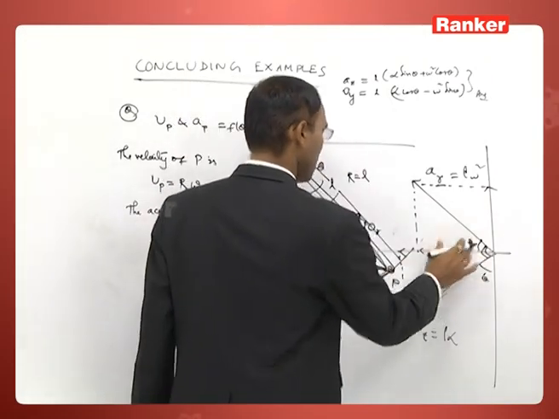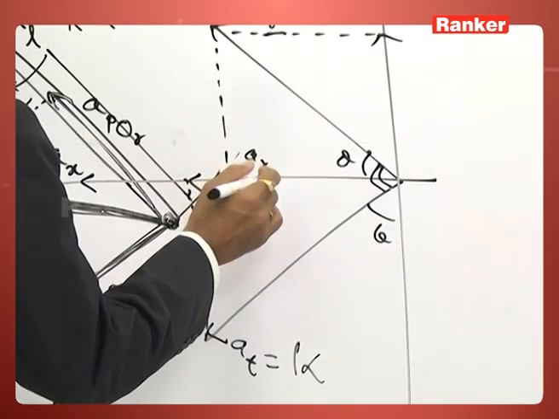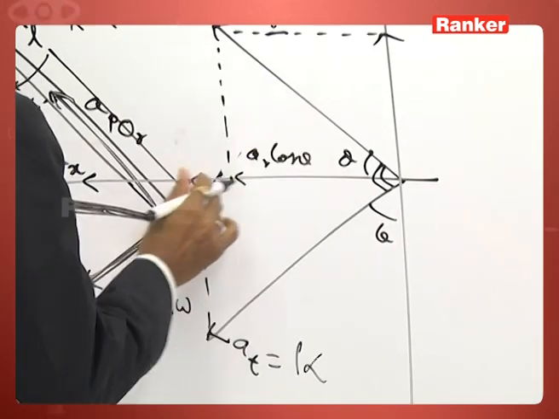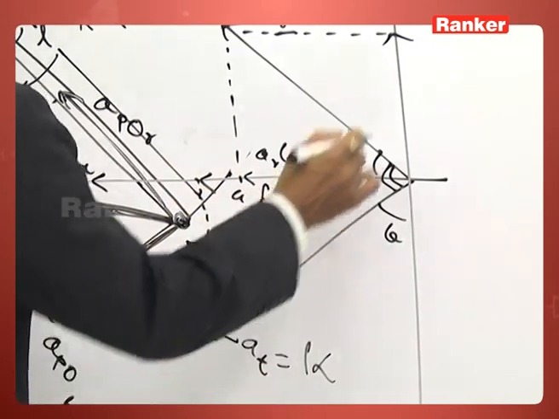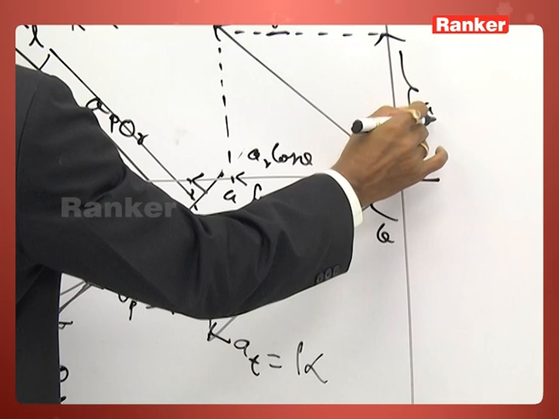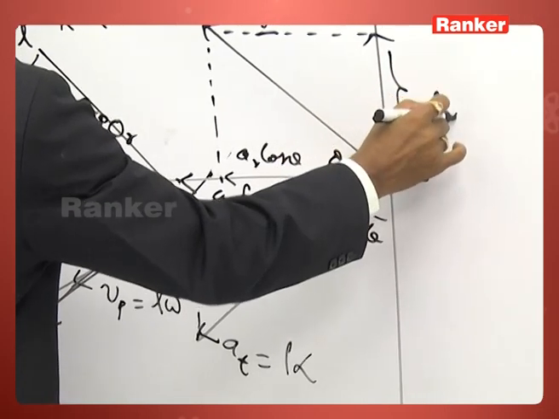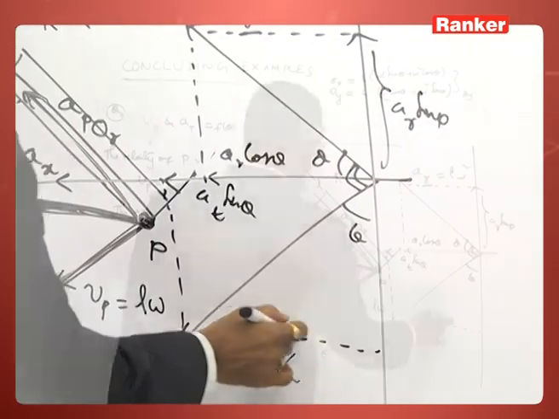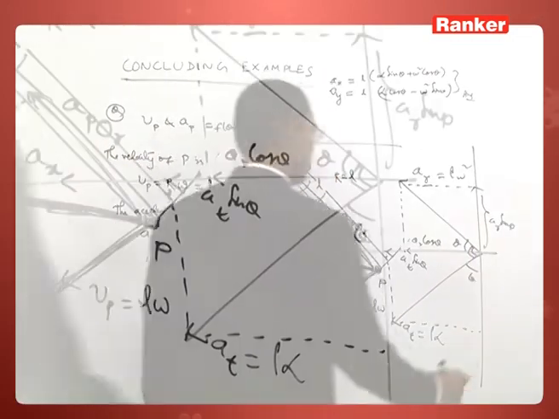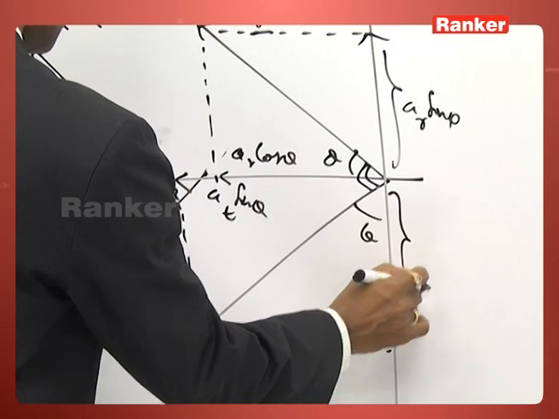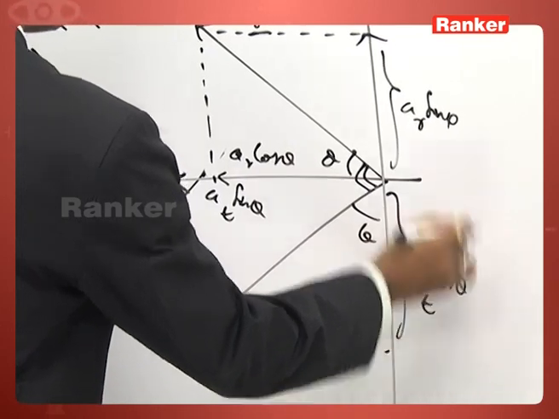So this component is AR cos theta, this component is AT sin theta, this component is AR sin theta, and the component of the tangential acceleration along y direction is AT cos theta.